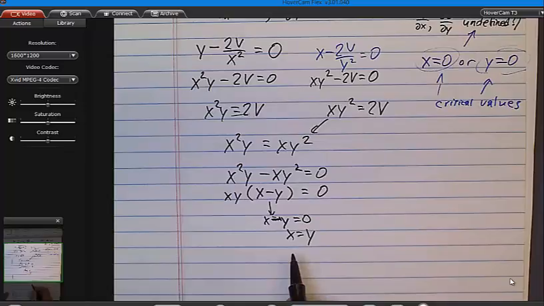So if x equals y, that says a few things. First of all, what's it say about the shape of the open top box? That would be a square. A square box. Of all the rectangles, somehow the square is optimal.